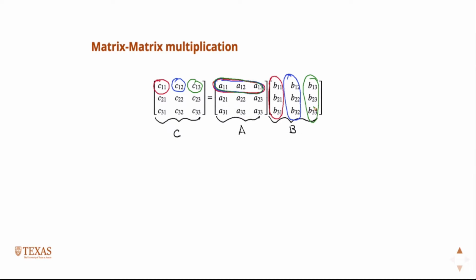Essentially, you can look at the lowercase indices and tell that the first one is the row of A, and the second one is the column of B. So for example, to jump out of order, C32 is going to be the third row of A with the second column of B, dot product.